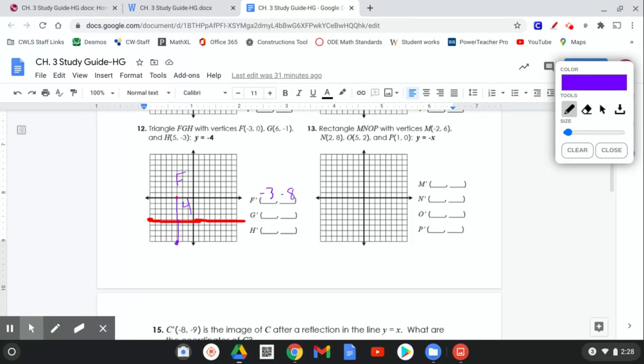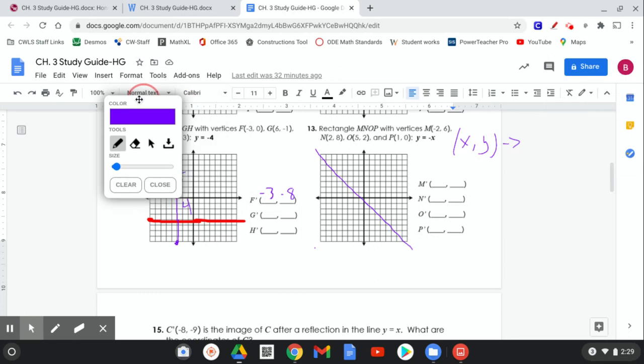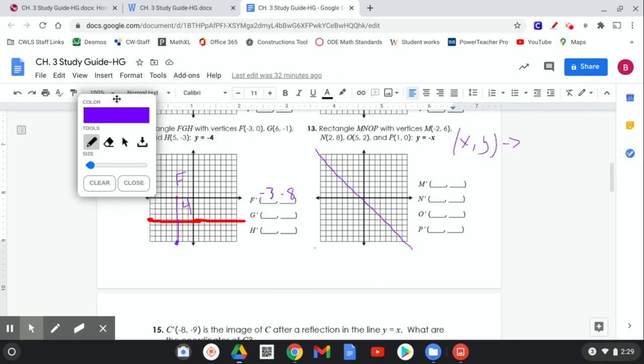The next one is a reflection over the line y equals -x, which is kind of funky because it comes in here at a diagonal. So for this one, we use the rule (x, y) to (-y, -x).